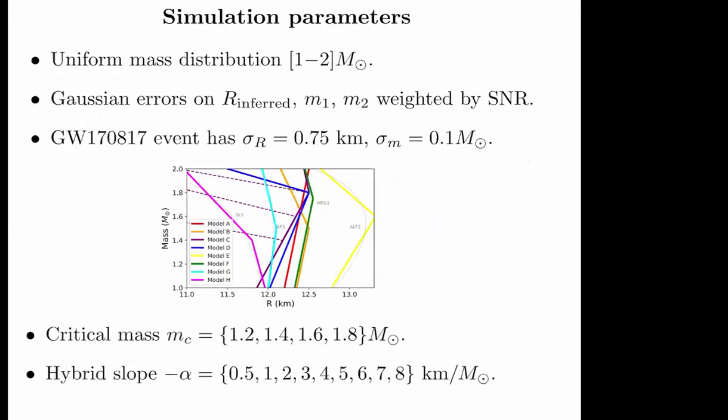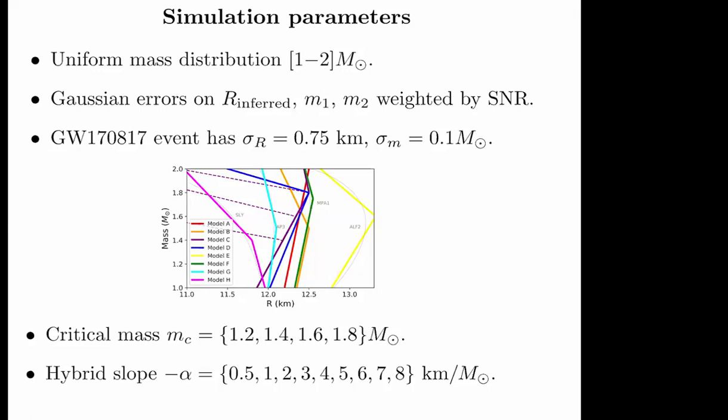So, simulation parameters here. The actual mass distribution of neutron stars outside of the Milky Way galaxy is not known. It depends on things like the host galaxy metallicity.